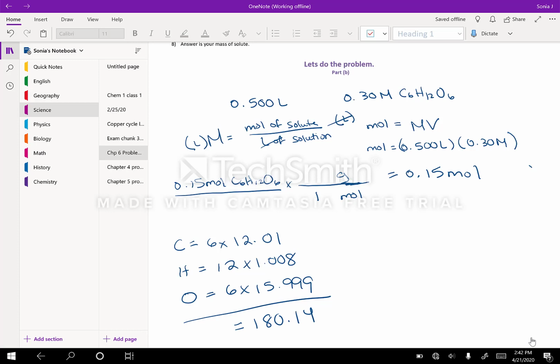Okay, and that is going to go right up here. Now we're going to cancel out our moles. And now that our moles are canceled out, we know we're going to get our answer in grams.